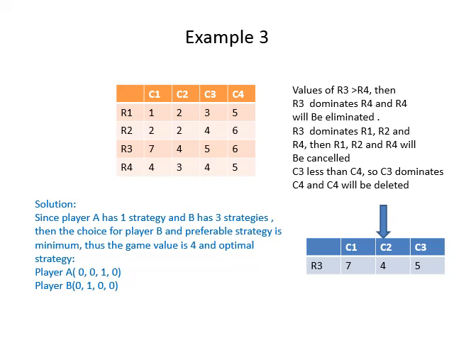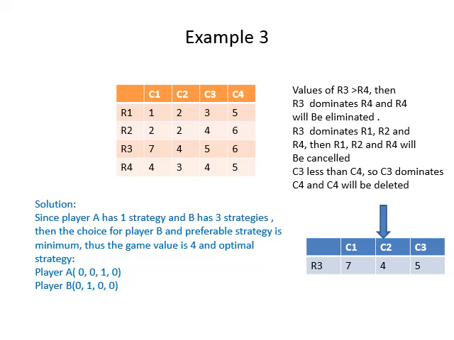So if the values of a row are greater or equal to the values of another row, then the row with the greatest value is said to be the dominated row.